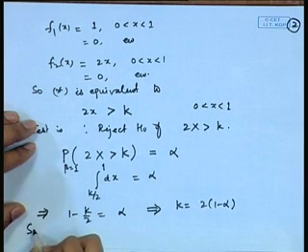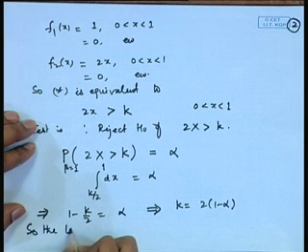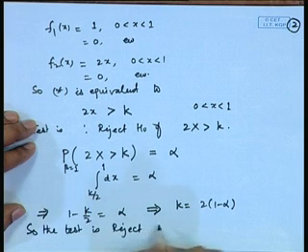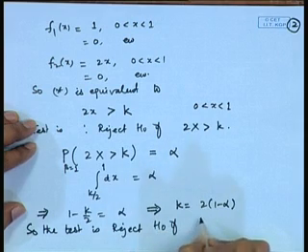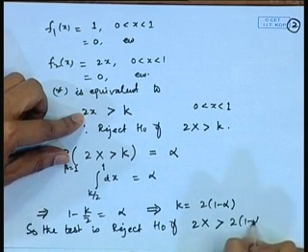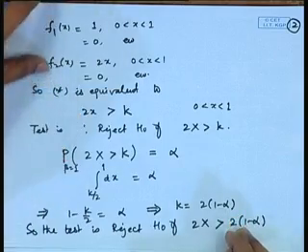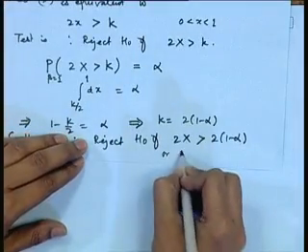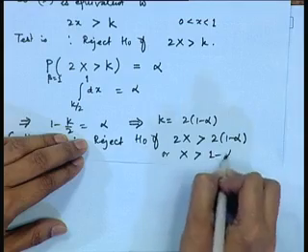So, the test is, in theoretical terms, reject H naught if 2x is greater than twice (1 minus alpha), which is equivalent to x is greater than 1 minus alpha.